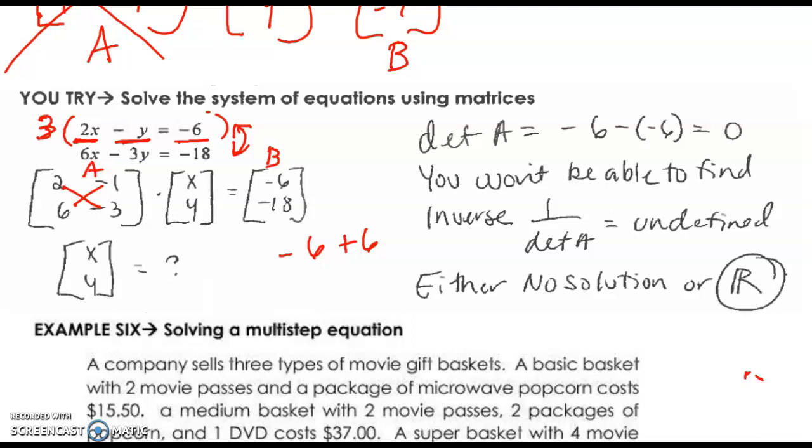No solution means they're parallel and they never intersect. And an infinite number of solutions means that they're the exact same line. Normally you'd get an intersection like this and then there's only one solution, right? But we do have no solution where they never touch, and all real numbers, which is when the two equations are the exact same line.